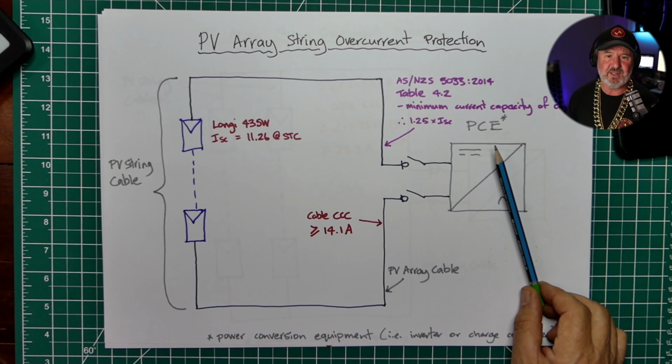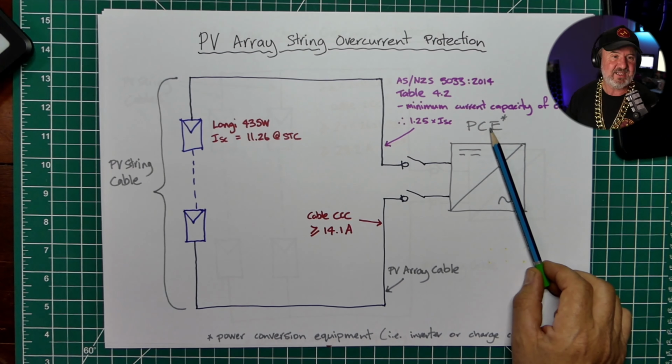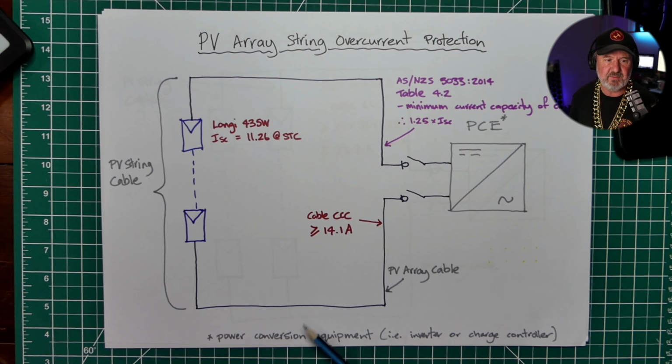Now, I've used the acronyms that are in the standard. So PCE, power conditioning equipment, I've just put it down there with a little asterisk, power conversion equipment or conditioning equipment actually it is, I just realised, is anything that modifies voltage, current or frequency. That would cover things like inverters, obviously, and also charge controllers, but even things like direct powered appliances are PCE.